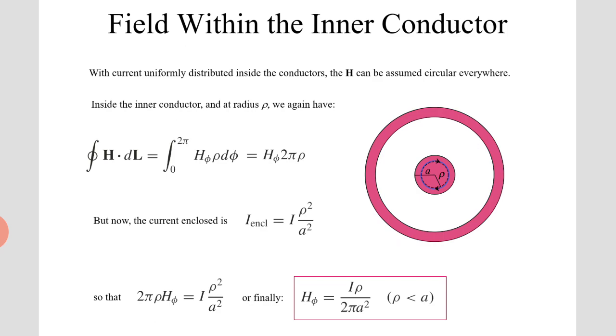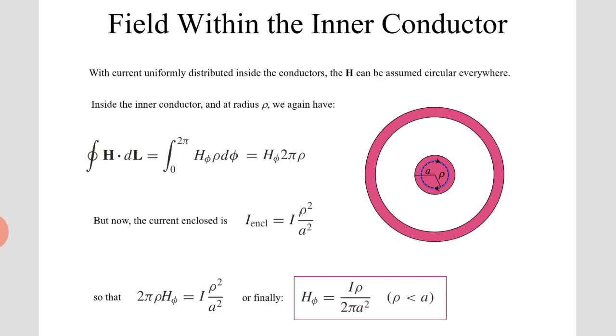So after integration, what we get is H phi 2 pi rho. Now the current enclosed in this inner conductor is I enclosed equal to I into rho square by a square.